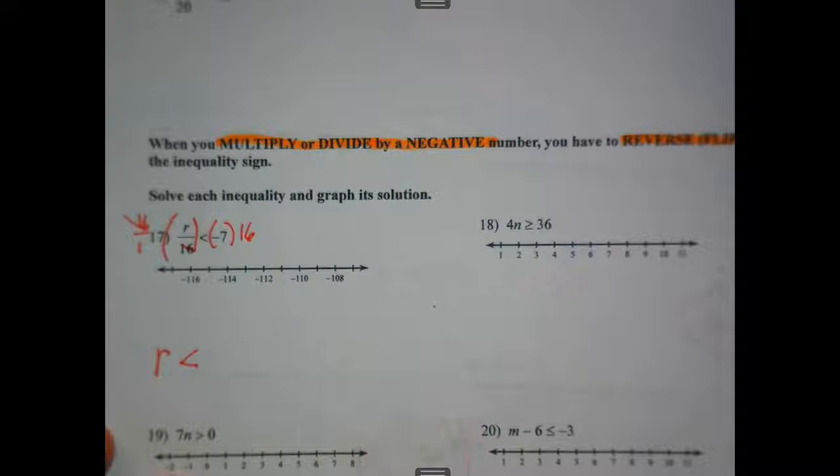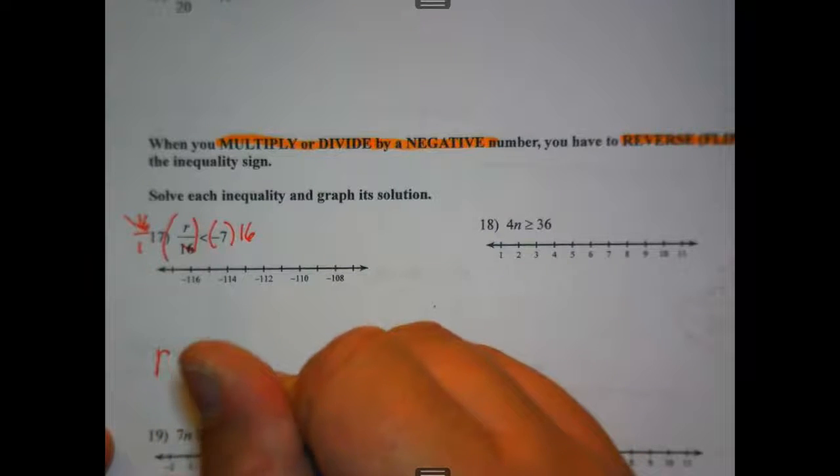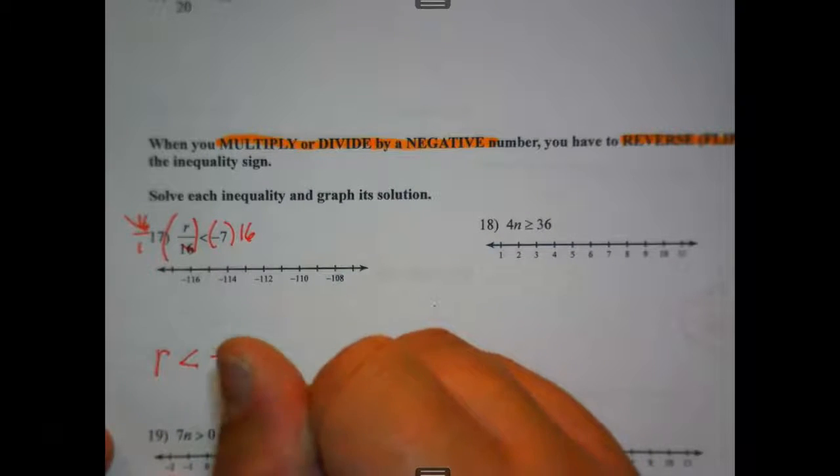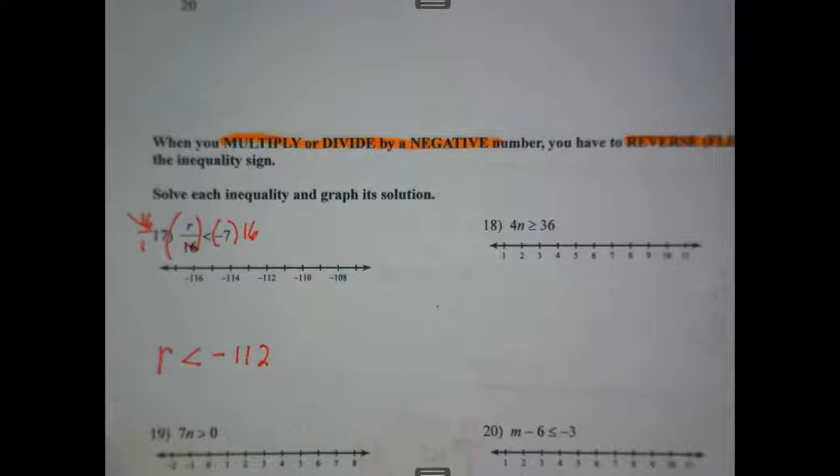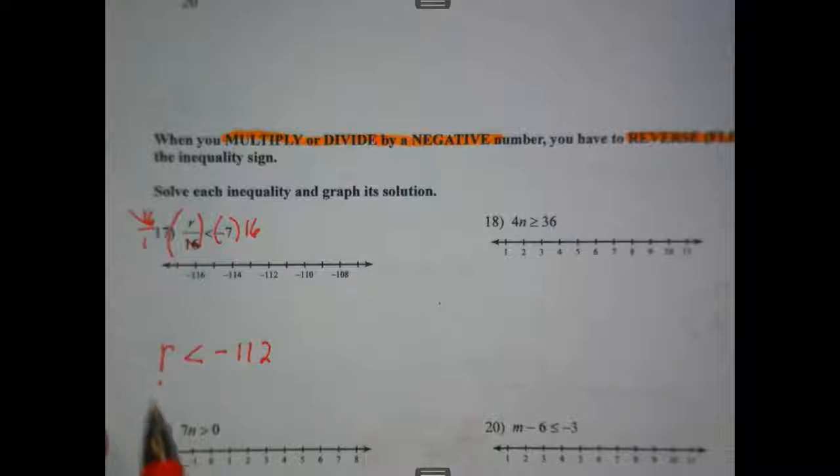-7 times 16 is going to be -112. Okay, now, since my variable is on the left-hand side, I'm just going to follow the sign. This inequality sign does not have an equal sign, so I'm going to use a parenthesis.